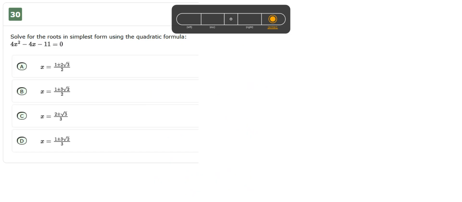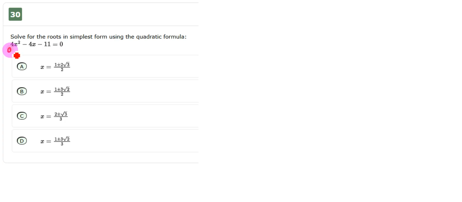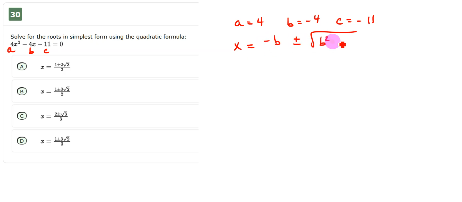All right. Good old-fashioned quadratic formula. So A is 4, B is negative 4, C is negative 11, and we're using negative B plus or minus the square root of B squared minus 4AC all over 2A.